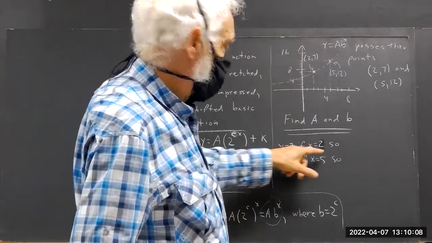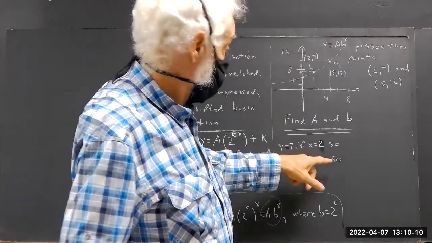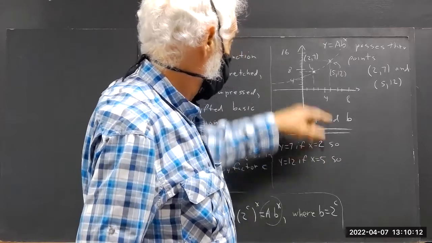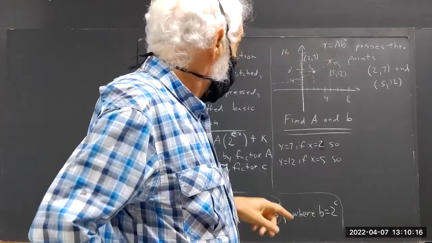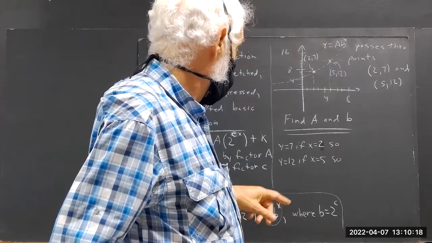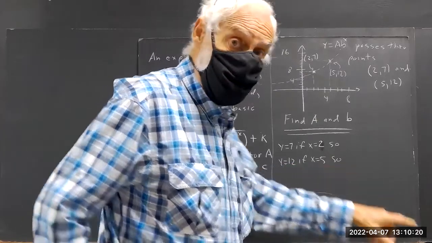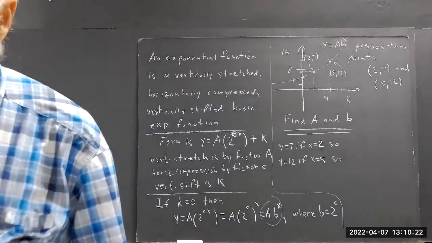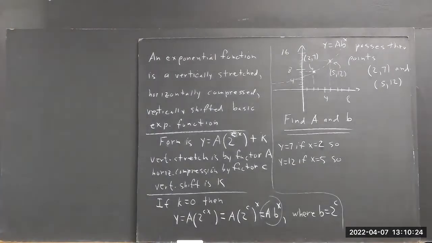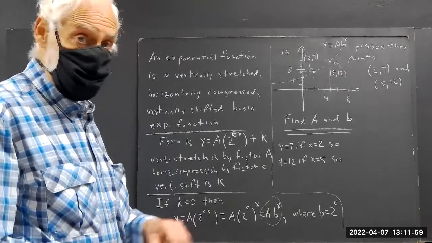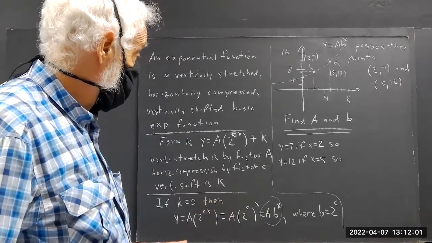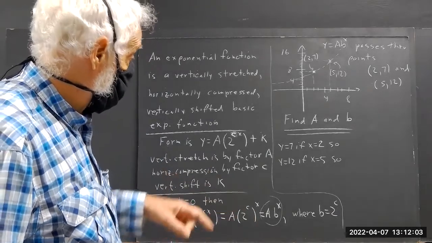You just plug in the y and the x, and you get an equation. Same thing here, you get another equation. And those equations are actually quite easy to solve once you see how. Most people got the first equation at least, and many people got both.